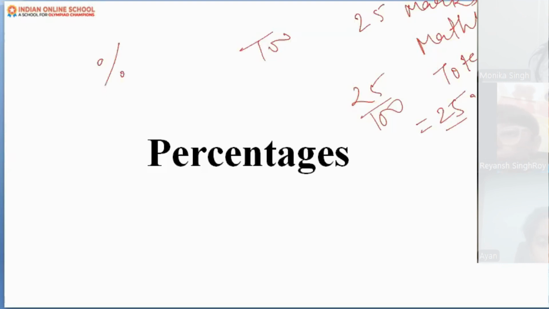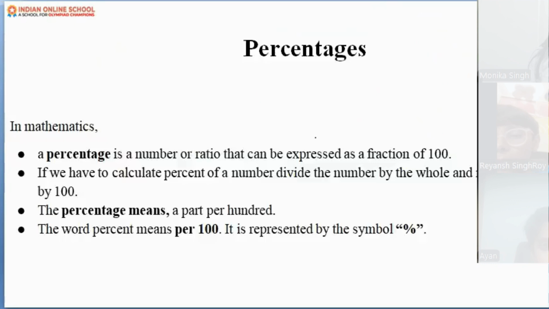Okay. So that can be expressed as a fraction out of 100. If we have to calculate percent of a number, we divide the number by whole. Like if you got 100 marks out of 200, then how will we take the percentage of these numbers?